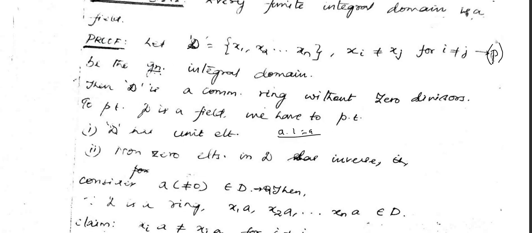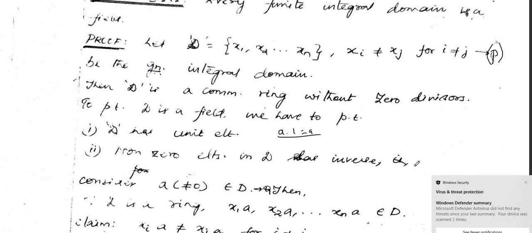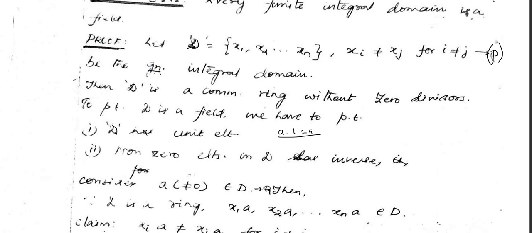It's enough we establish this. So D has a unit element, we have to establish. Then, having established a unit element, we have to show that the non-zero elements have inverses. That is the second part.